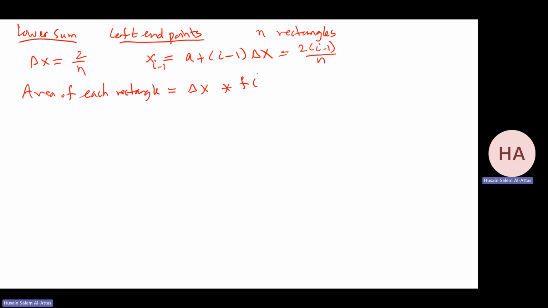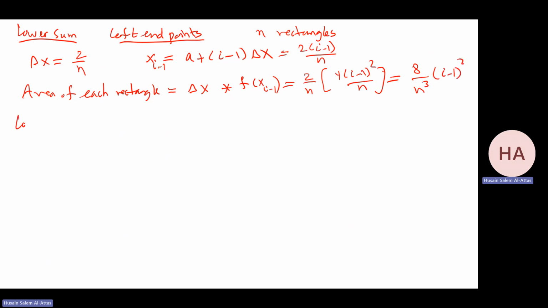It depends on how you call it. Which is what? 2 over n, no, be careful. That will be 2 over n times f of this, which is 4 times i minus 1 square over n square. That gives me 8 over n cubed times i minus 1 square.